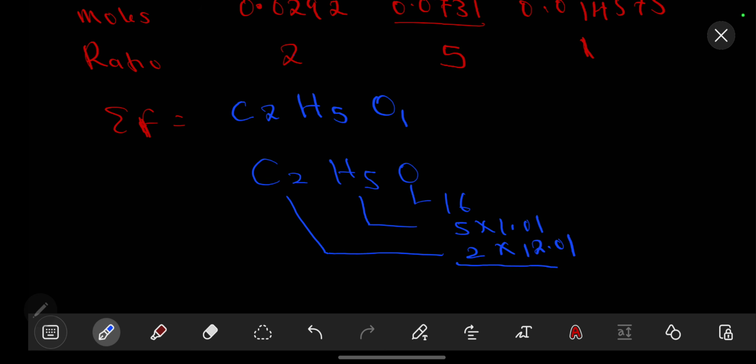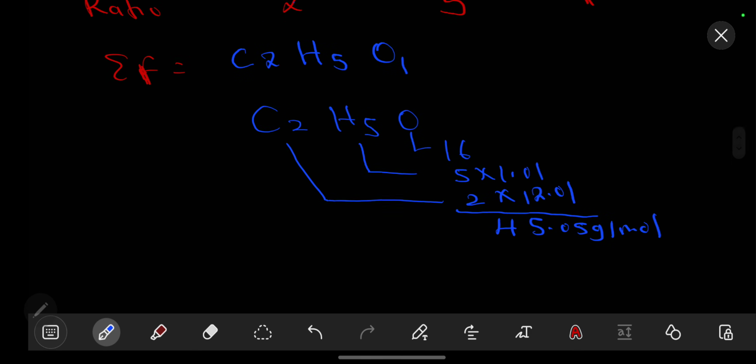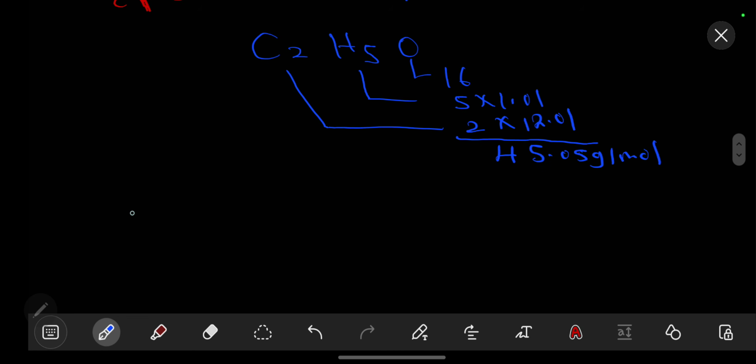So when we add these, we are going to get a value equal to 45.05 grams per mole.